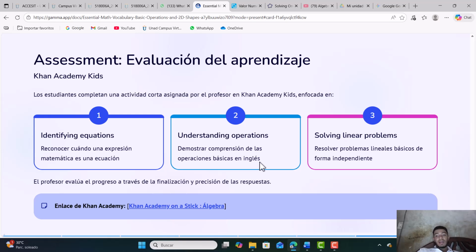The professor values the progress and the precision of the answers.